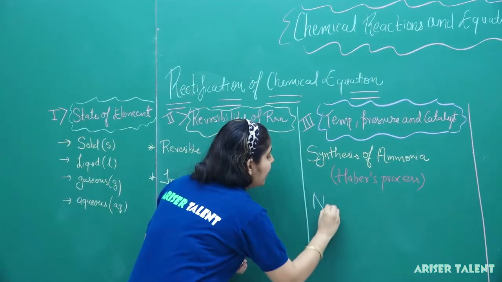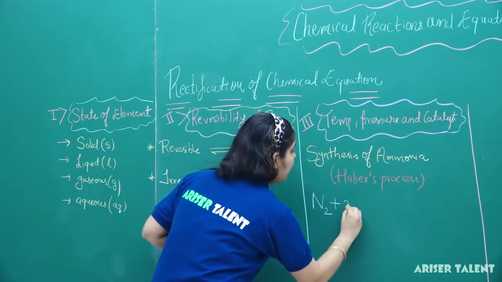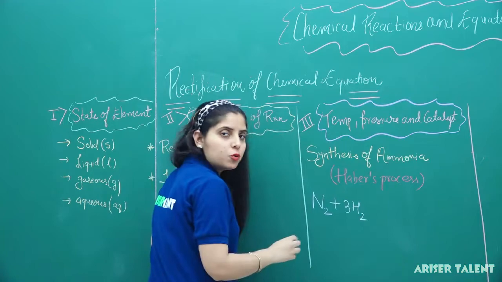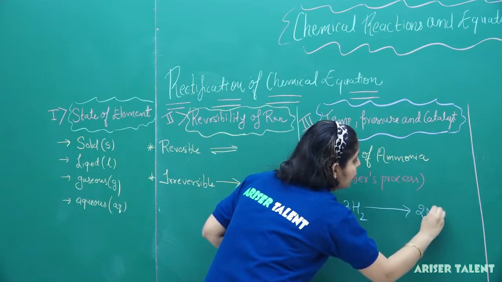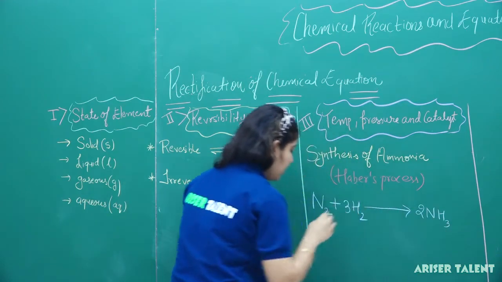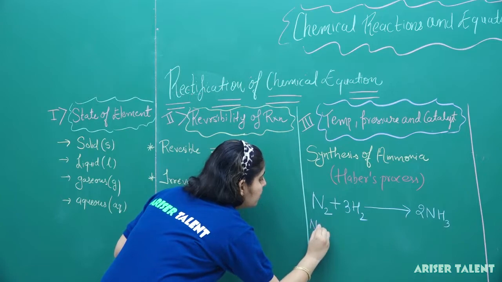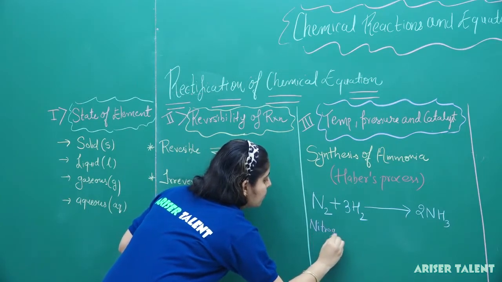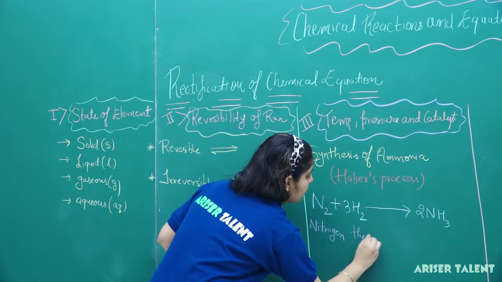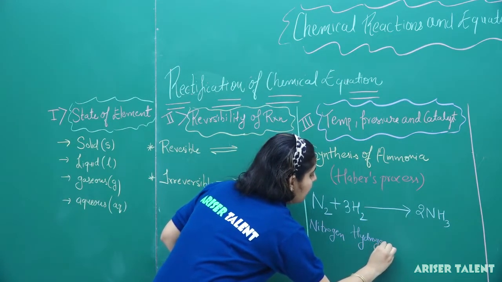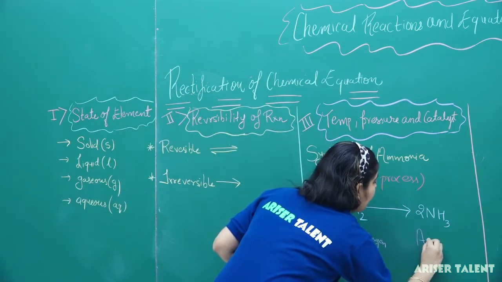First we have N2, then we have 3H2, then we put an arrow and write 2NH3. In words, N2 is nitrogen, 3H2 is hydrogen, and 2NH3 is ammonia.